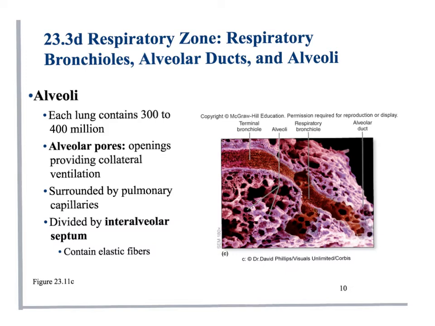So when you cut the lung in sections and look at it, it looks like a sponge, with a spongy look because of all the air and the alveolar sacs. Here's the terminal bronchiole. These little pieces are alveoli. So terminal bronchiole, respiratory bronchiole, alveolar duct, and you have alveoli right off of the alveolar duct.